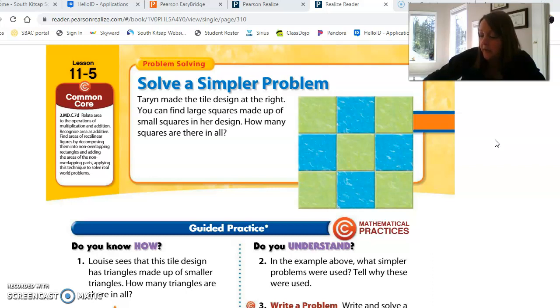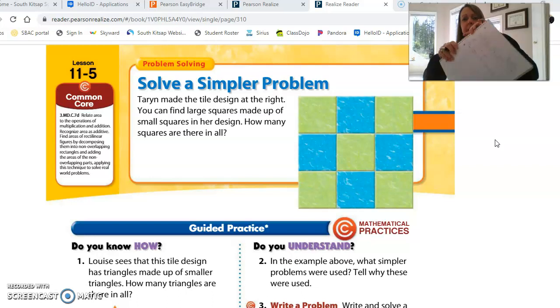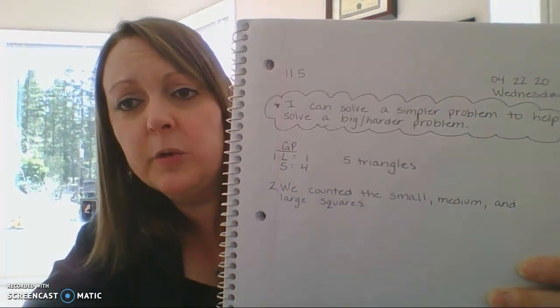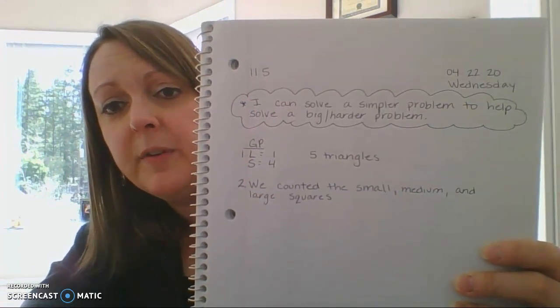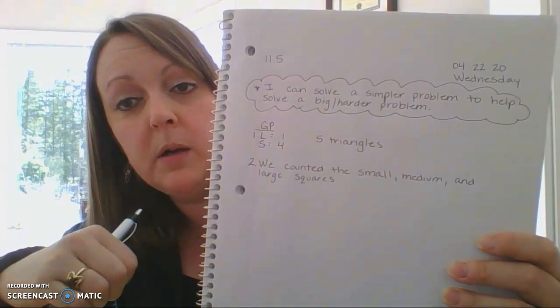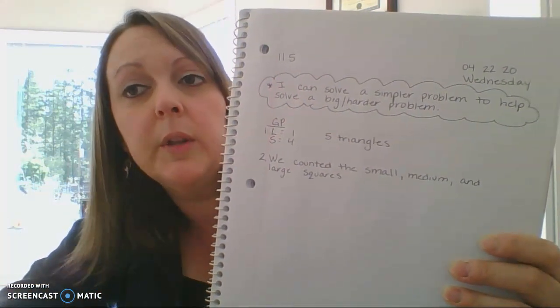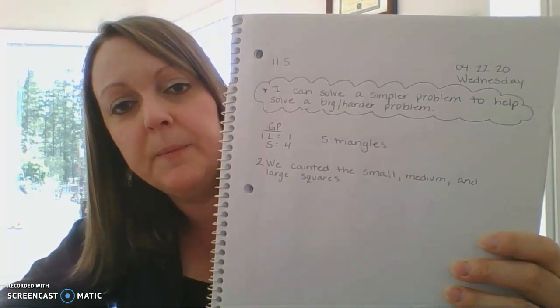Small, comma, medium, comma, and large squares. Sometimes it makes it easier. I'm going to make this full screen. Sometimes it makes it easier when you break something down and you have to find, okay, let's count all the smalls. Now we'll count the mediums and now we'll count the large. Or you could go the opposite direction as well.